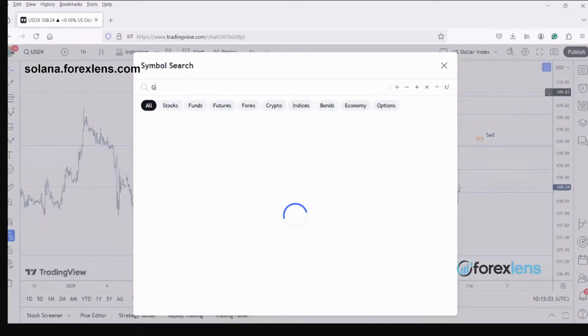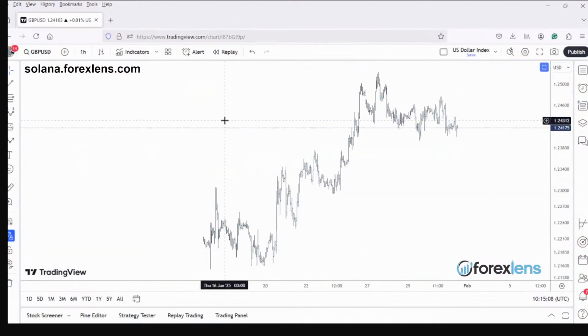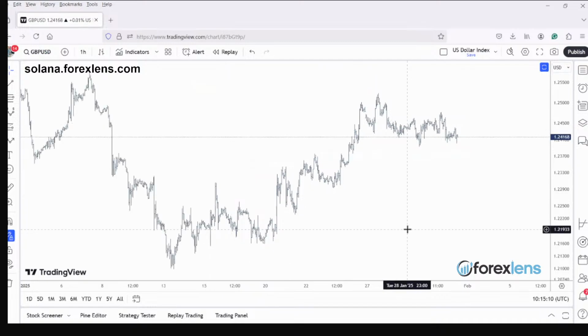Okay, I was talking about pound. Now, if you look at the structure, what pound has unfolded till now is as follows.